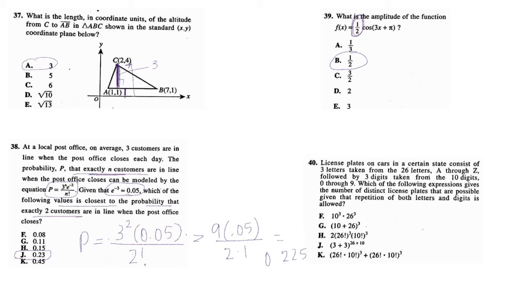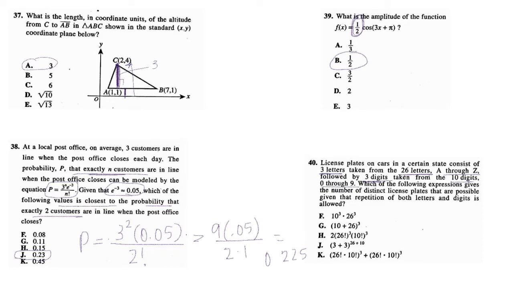All right, so now let's go ahead and look at number 40. The license plates consist of 3 letters taken from 26, A through Z, followed by 3 digits taken from 10 digits, 0 through 9.